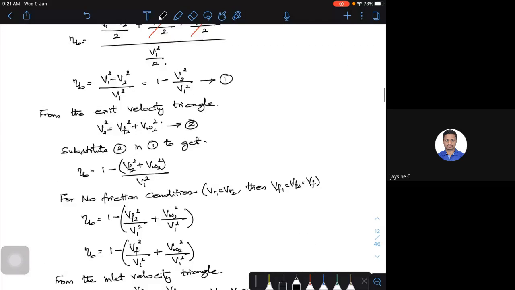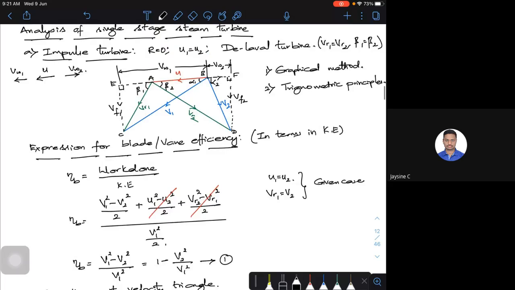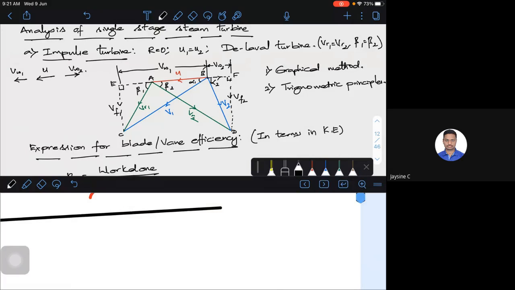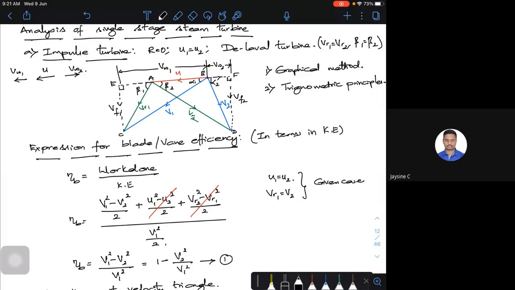Come back to this inlet velocity triangle. Consider the triangle AEC. Cos beta 1 is equal to, suppose, let me call this some x. What is x actually?